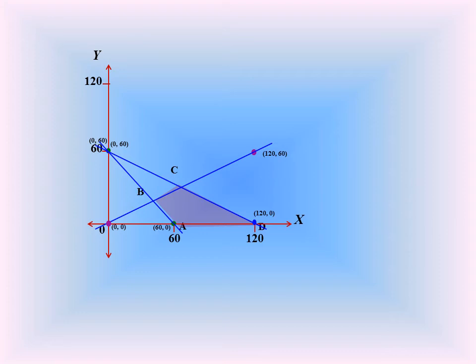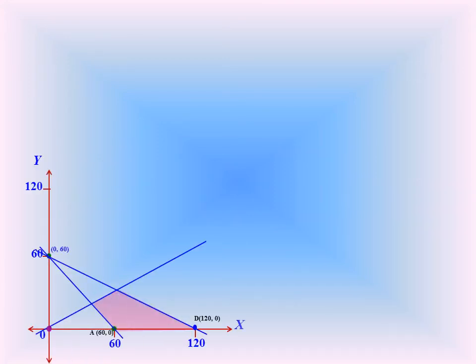Therefore A, B, C, D are the 4 corner points of the given linear programming problem. A already has the coordinates 60, 0 and D is 120, 0, but we need to find the coordinates of B and C by solving the simultaneous equations.